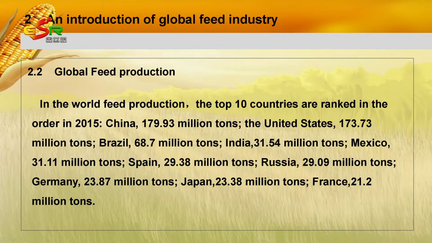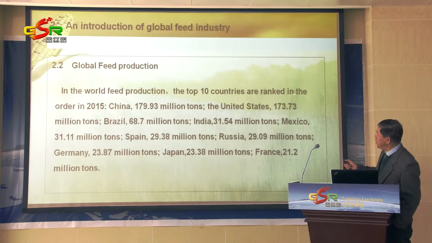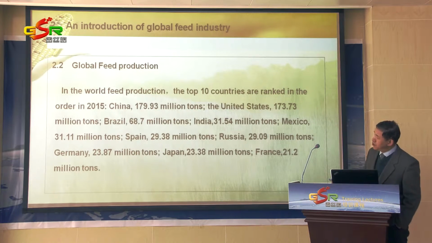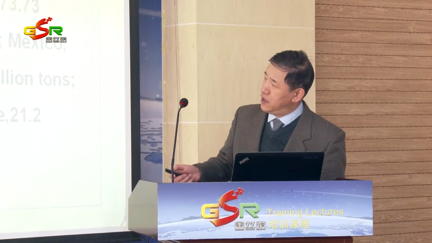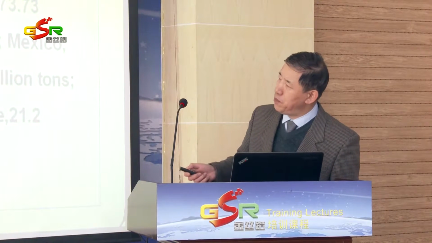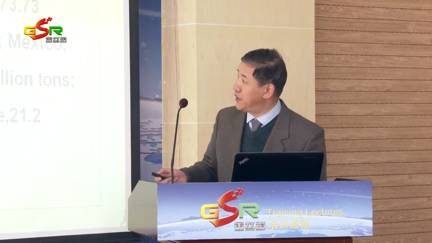And this is the global feed production data in 2015. In the world feed production, the top 10 countries are ranked in the order in 2015. China has the feed production 179 million tons, ranks number one, okay?